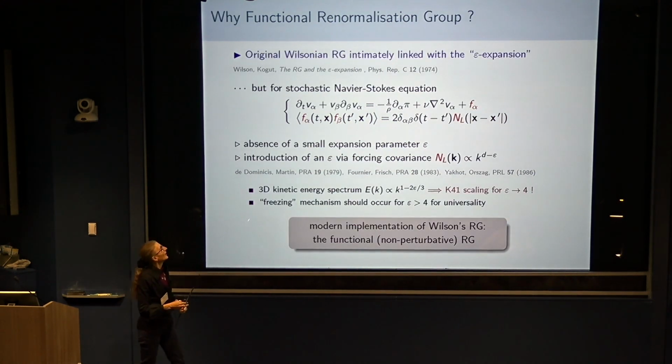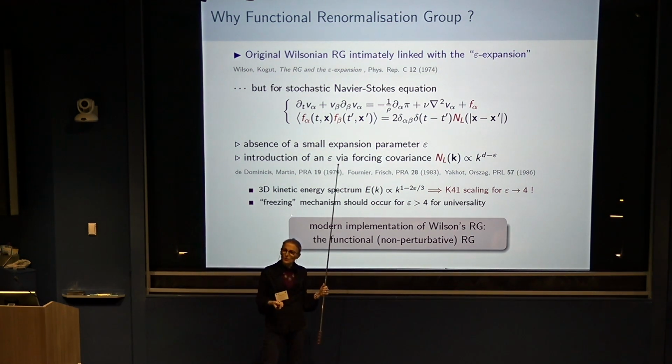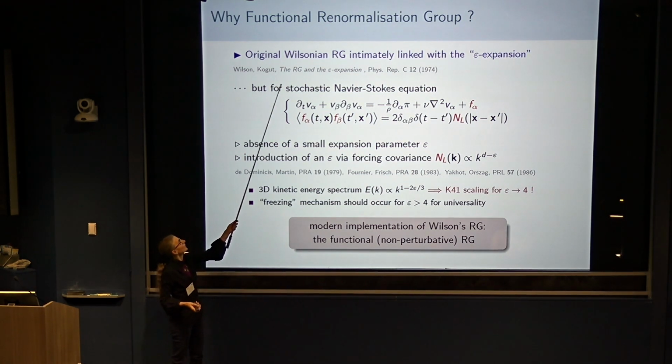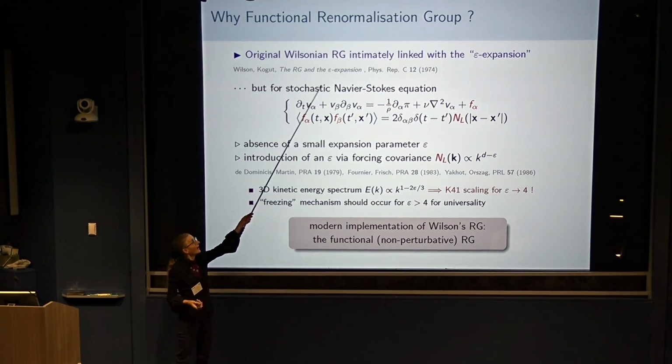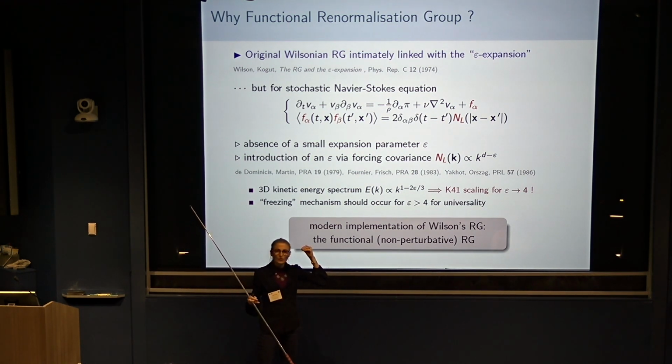OK. And in fact, the difficulty was that the original Wilson's renormalization group was really intimately related to what is called the epsilon expansion. The initial review by Wilson and Kogut was called the RG and the epsilon expansion. Epsilon meaning a distance to a critical dimension, or the size of a coupling of the nonlinearity.